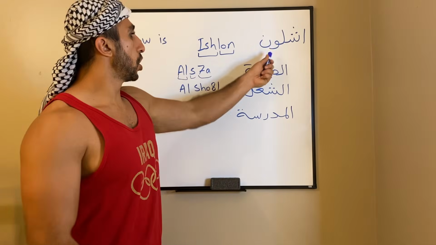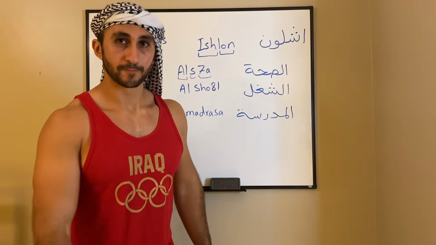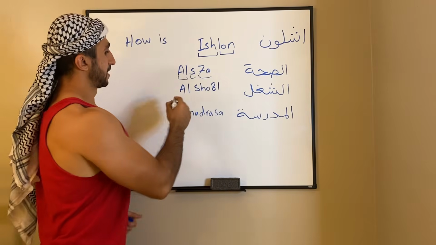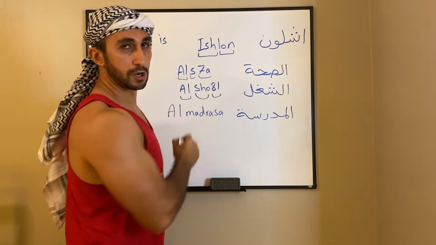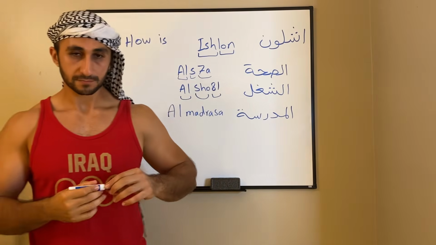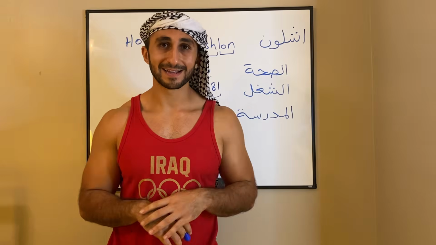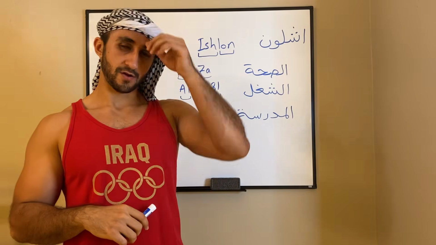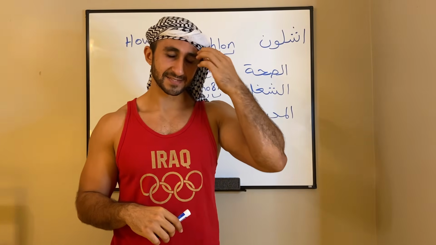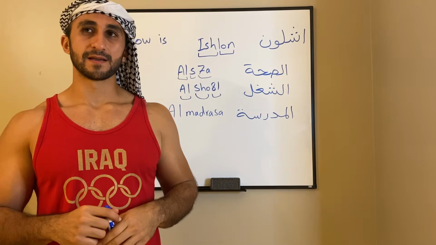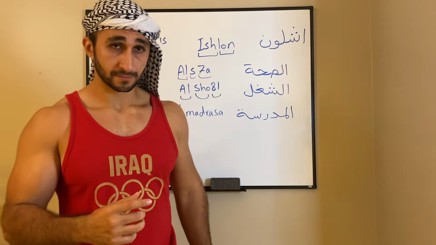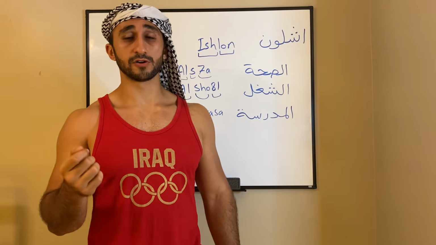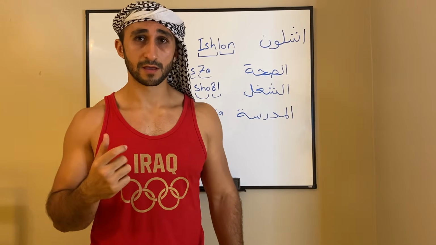So, ishlon, ishshughul. Okay, so you have al-shughul. This letter, it's the letter gha. Gha. Okay? It's not kha, it's very similar to kha, but it's more of a gha. Imagine you're washing your mouth, you brush your teeth, okay?